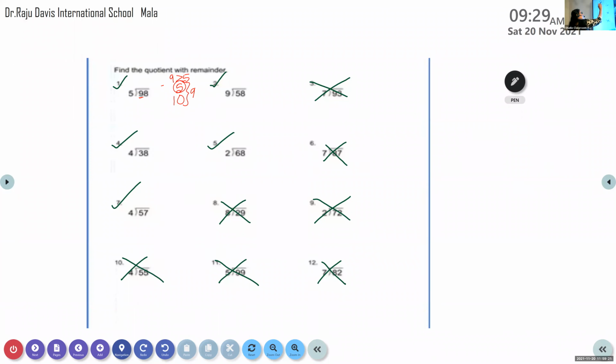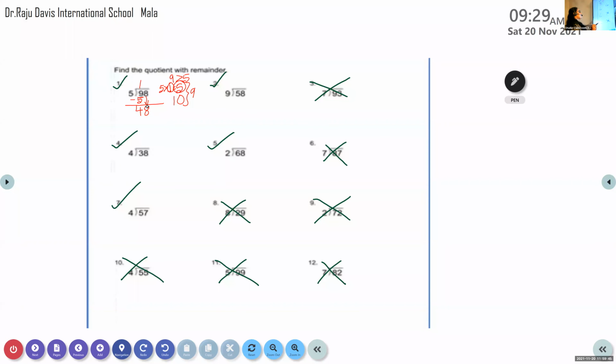Now 5 into 1 is 5. So this middle number will go up, 5 will be here down. Then subtract it: 9 minus 5 is 4. 4 is smaller than 5. Take the next number down. 48.